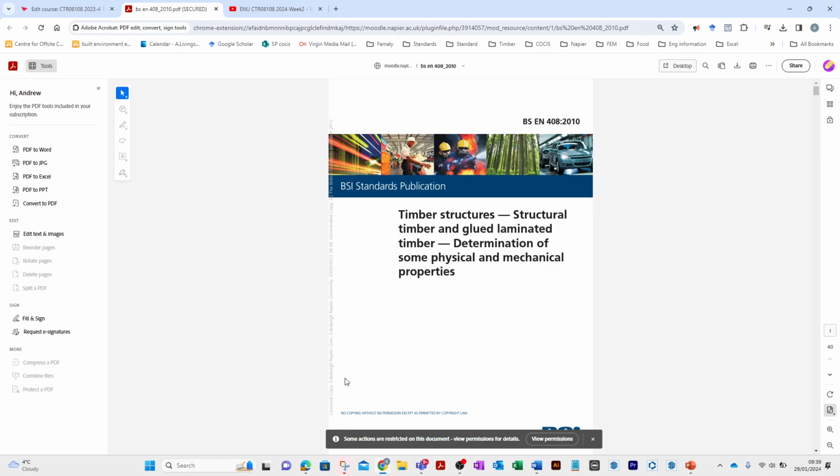What I would recommend is that you download this document today and have a look through it, at least so you can understand the tests you're going to be doing. You already know what they are: compression perpendicular to grain, parallel to grain, if that's the piece of wood. I should have brought something with me.